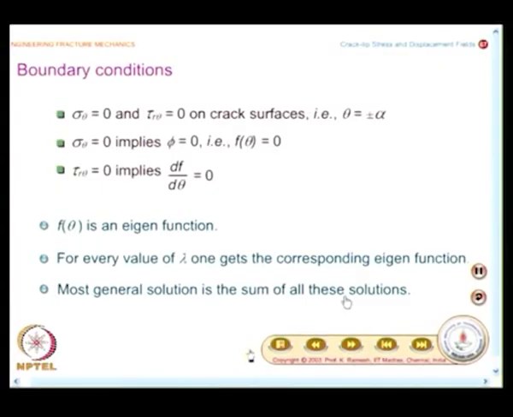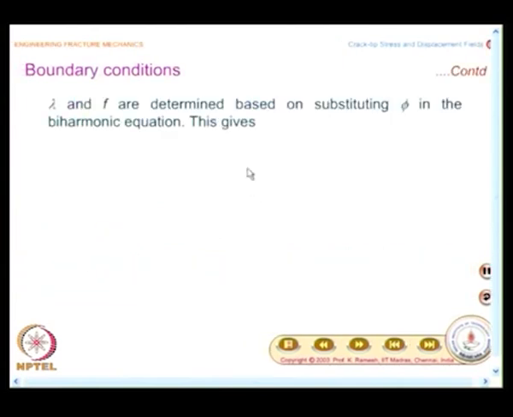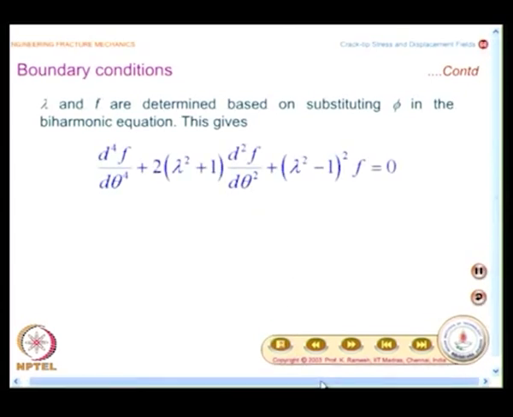Though it was developed in 1957 and people use this for writing certain boundary collocation answers, people have not really appreciated the T stress, which we will have to reflect upon. So, the most general solution is the sum of all these individual solutions, and we will write down the equations.